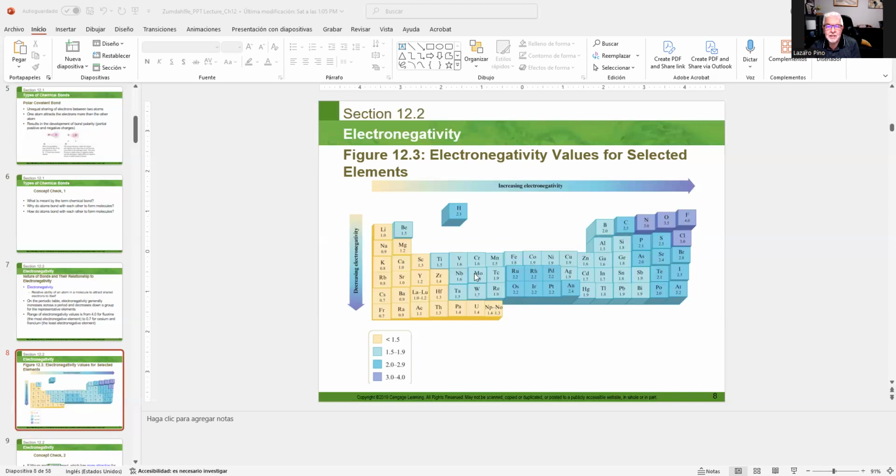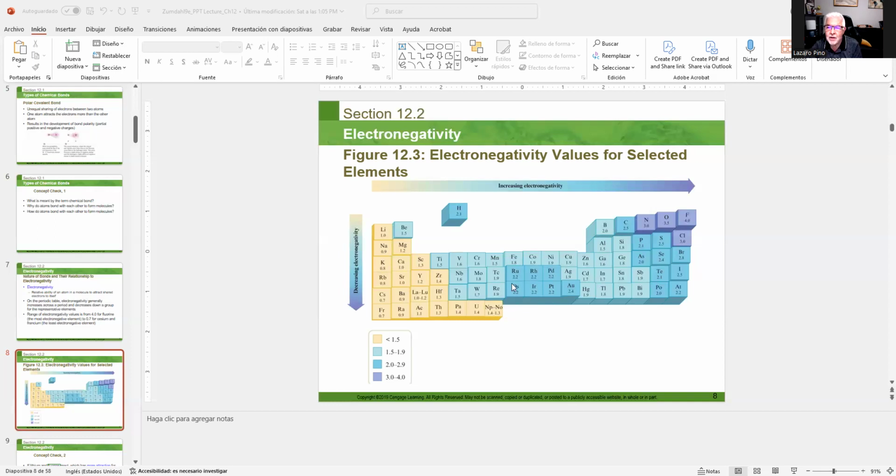And here you can see that the light blue elements are all of them metals, except boron. Their electronegativity is between 1.5 and 1.9.